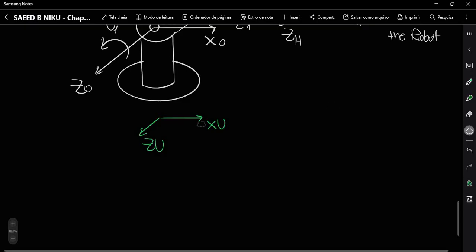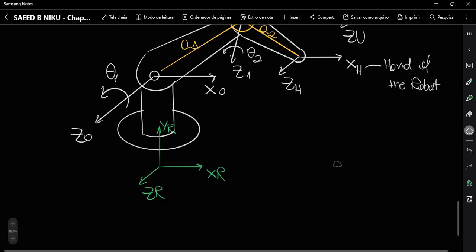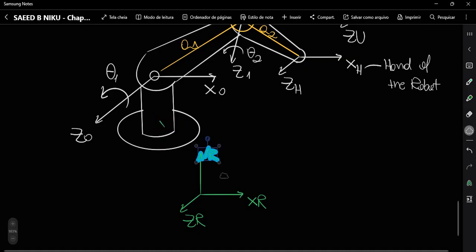So instead of U, we will use R. And here, Y is just to complete the reference of these components on the 3D space, because the robot is placed in 3D space.